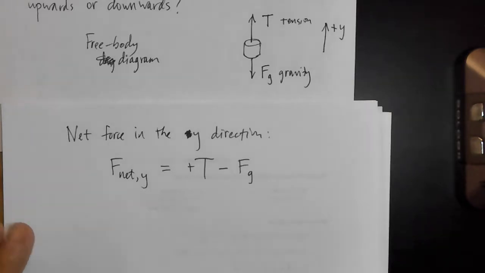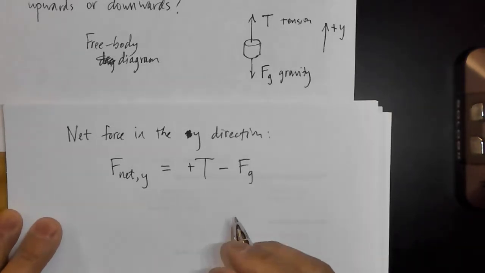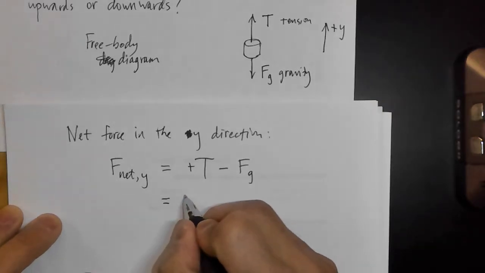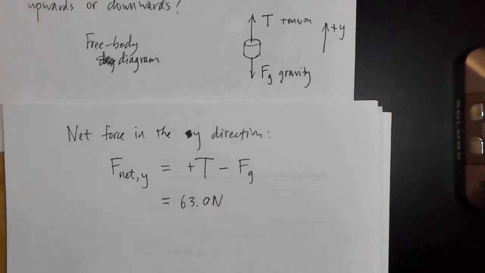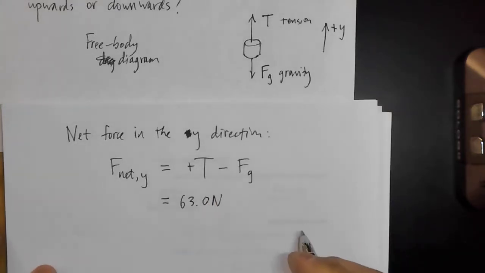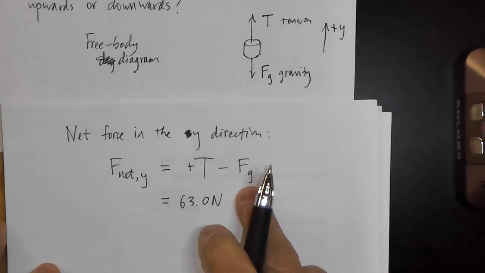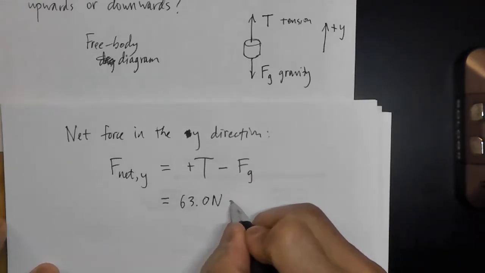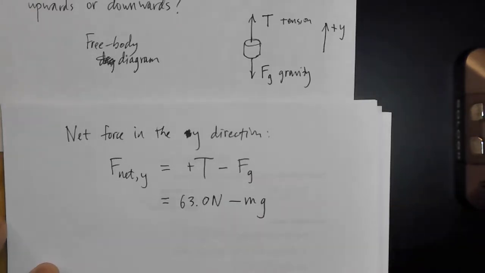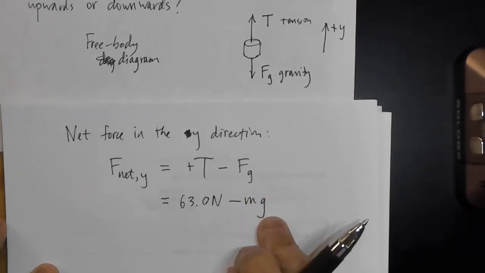All right. So now we can write down that the tension, we are told, is 63 newtons. Let me just do it in two steps. So how about m times g?